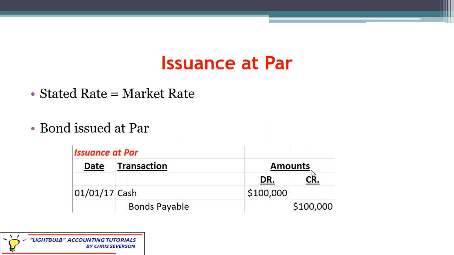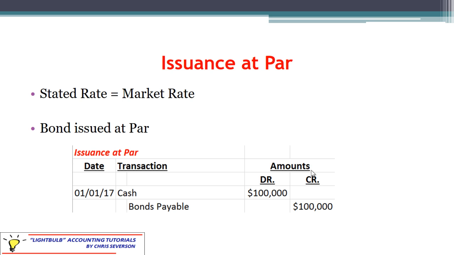So let's briefly look at the journal entries for the first issuance of a bond. The first example is the simple one when the bond is issued at par. This is where the stated rate equals the market rate. And what we have to do here is debit cash for the amount received. We're increasing our company's cash.